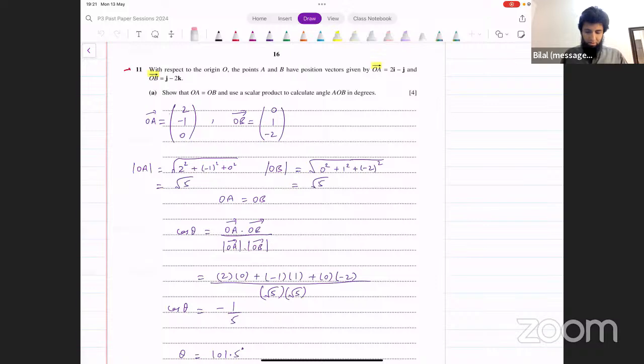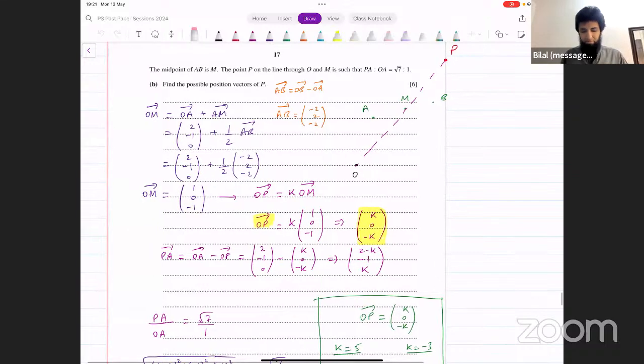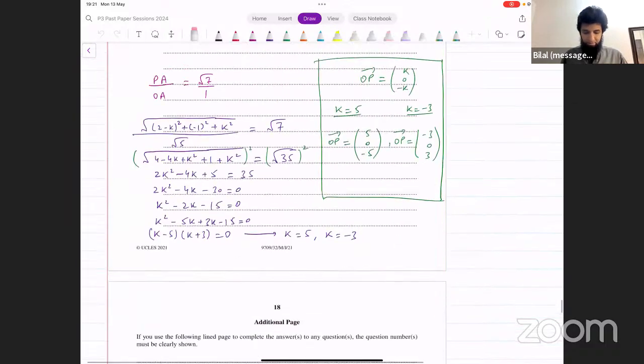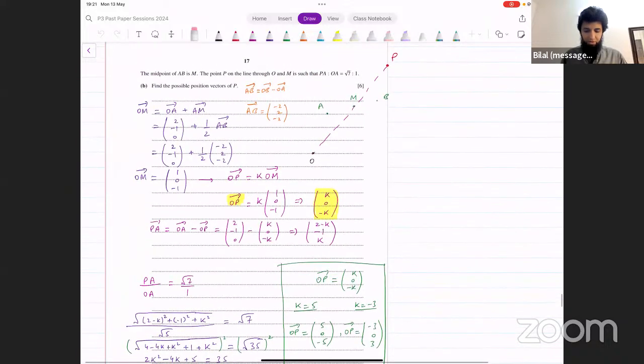Okay. Length show करनी है, आप angle find करना है. Okay. Yeah, this does look a bit complicated because of the ratios.